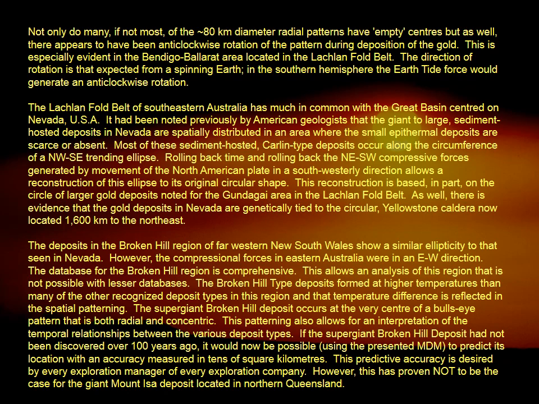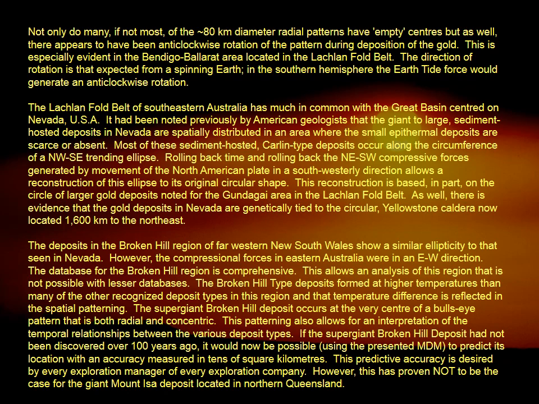The direction of rotation is that expected from a spinning Earth in the southern hemisphere. The Earth tide force would generate an anti-clockwise rotation. The Lachlan Fold Belt of southeastern Australia has much in common with the Great Basin centered in Nevada, U.S.A.